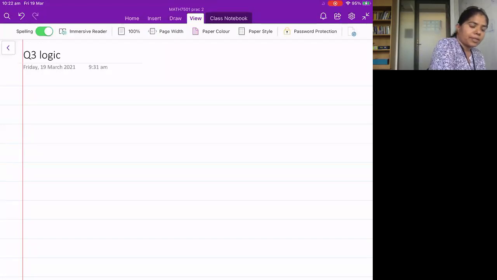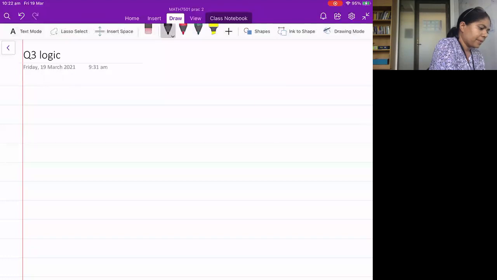Consider the following logical expression: A or B, and not (A and B). I think in your lecture notes, not is given as this.